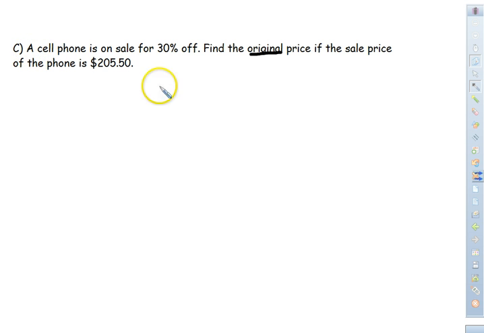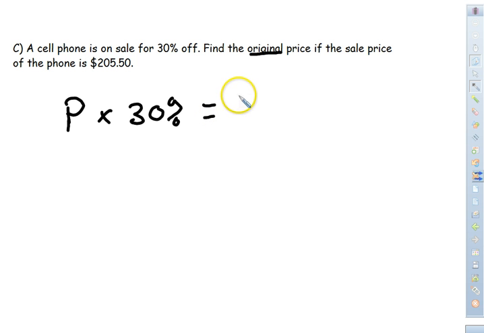All right. So what you need to do, since we are trying to find the original price and it is 30% off, then we can write an equation for this where P equals the original price times 30% to equal the discount.